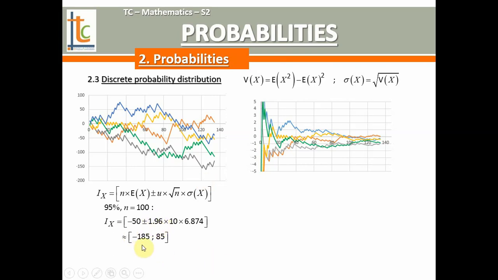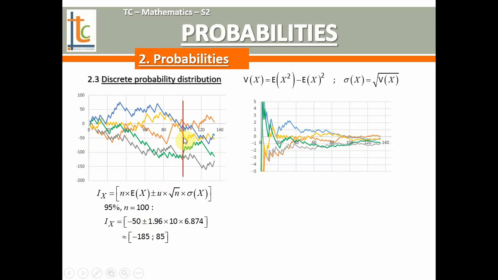Okay, our result is negative 185 to 85. Let's put it on the graph. So it goes from here, negative 185, to here, 85. The center being negative 50, so exactly here.